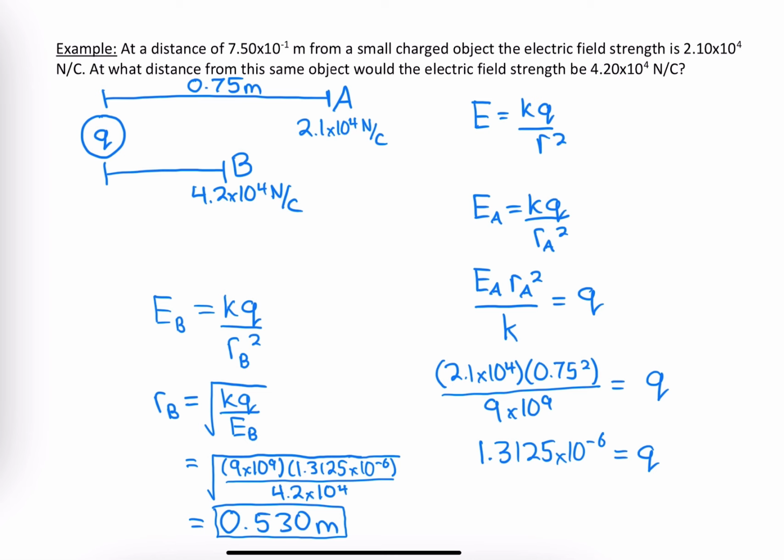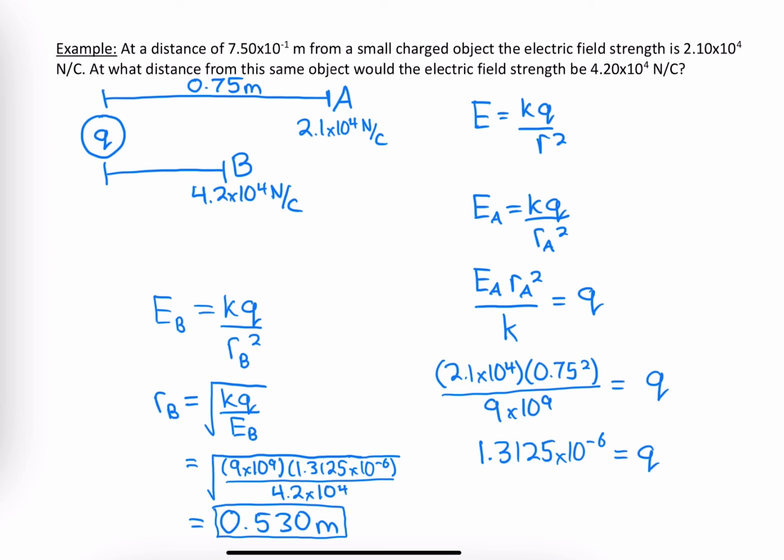Another way to think of it: multiplying r by 1 over the square root of 2, when I take that change and I square it, I'm basically multiplying my whole denominator by 1 over 2, which effectively multiplies the electric field by 2. And indeed, you can check. If you just take this r and divide it by the square root of 2, you'll get exactly the number we came up with down there.